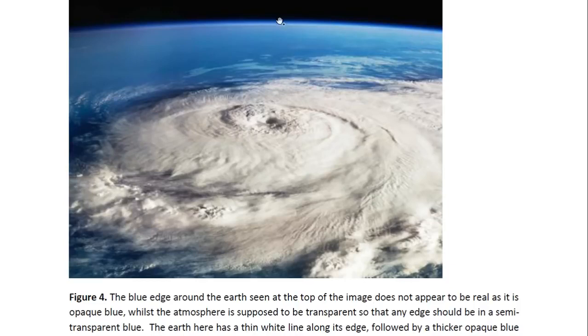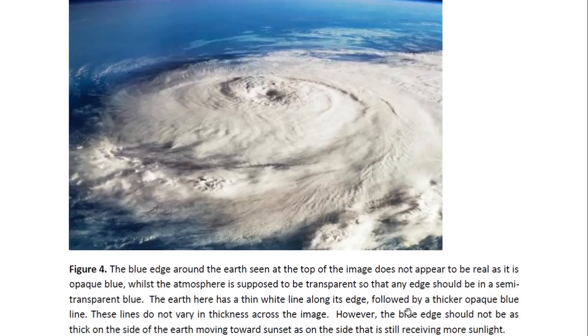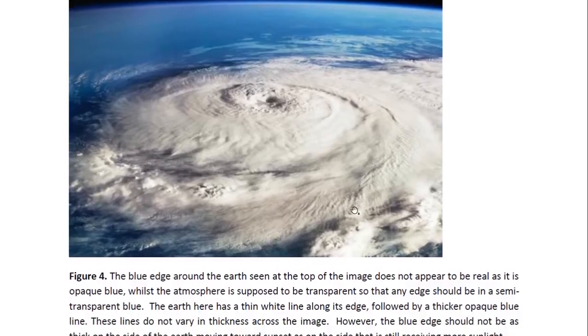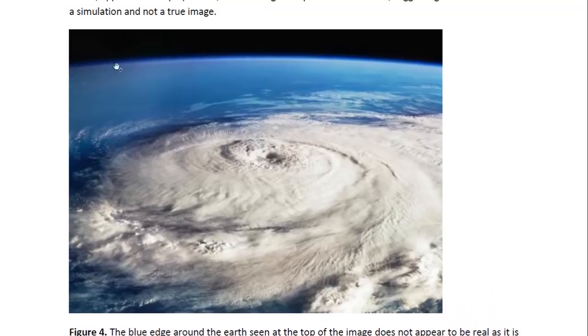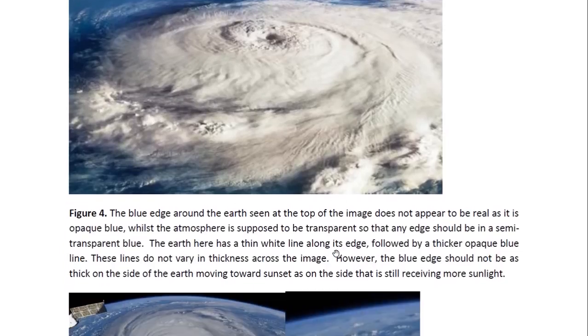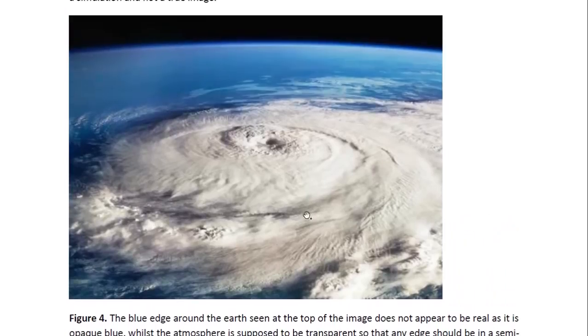The Earth here has also, as you can see, a thin white line or very pale blue line along its edge, and this is followed by the thicker, opaque blue line. Now these lines do not vary in thickness across the image. See, about the same thickness throughout. But we would expect a difference in the thickness, because we would only see the blue part of the atmosphere if there is a lot of sunlight incident on that part of the atmosphere.